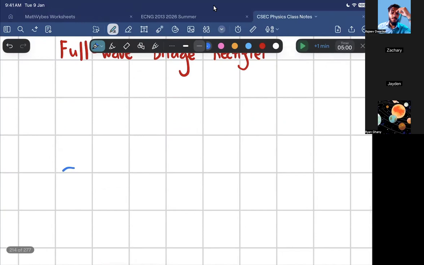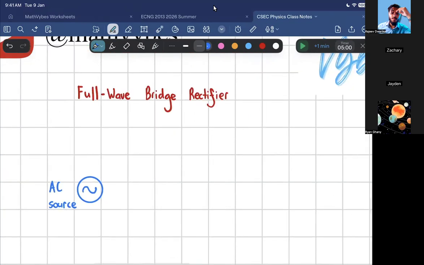Any guesses as to how many diodes this would use? It's not just going to use one diode. Any guesses? How many diodes might this use? Two? Two, nah, four.